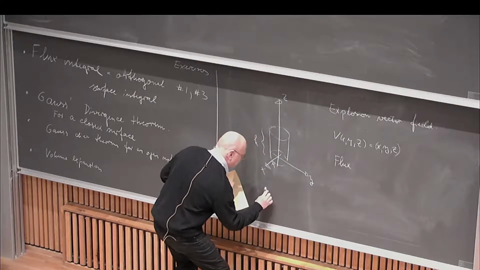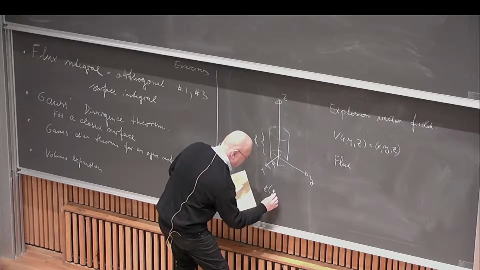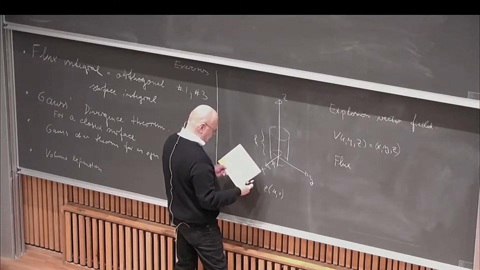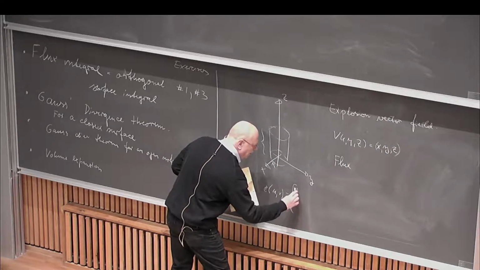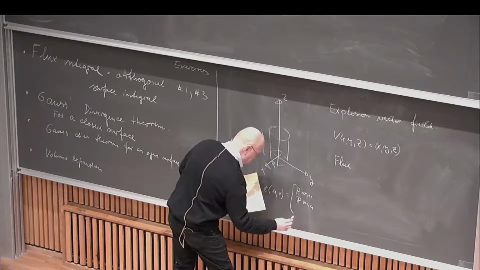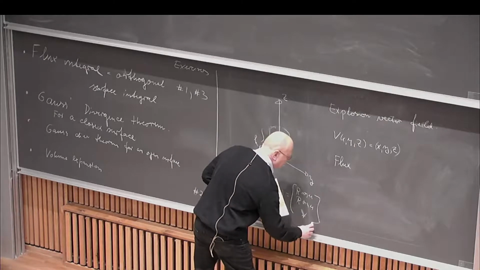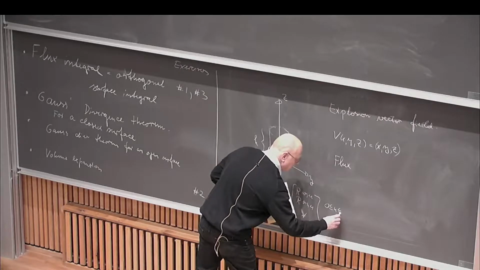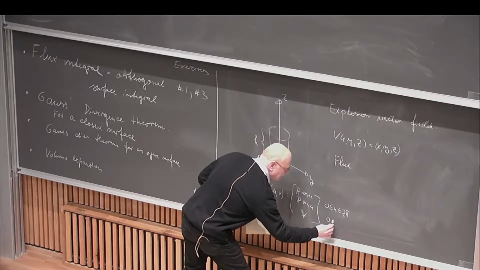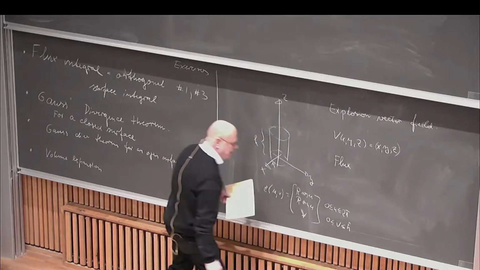Let me just write down the parametric representation. It's a function of u and v, and I'm only looking at the curved surface here, so it will be r cosine u, r sine u, and then a v. u is between 0 to 2 pi, and v is between 0 and the height h.